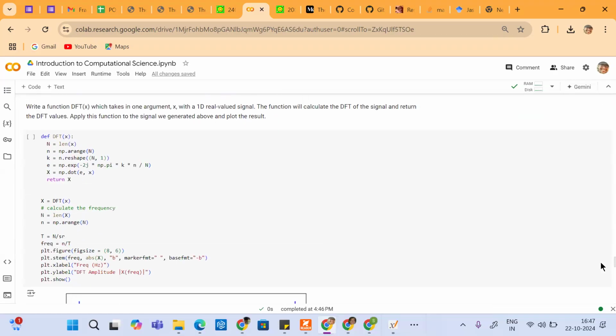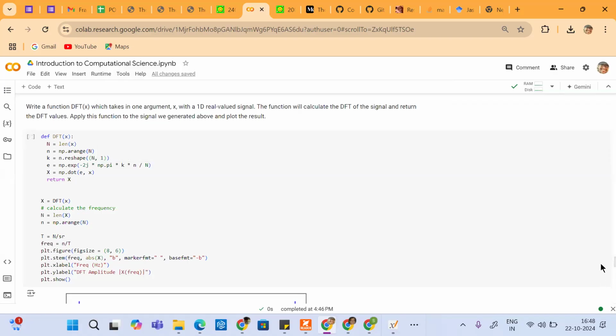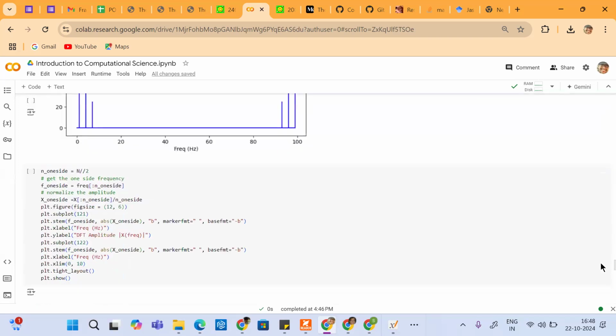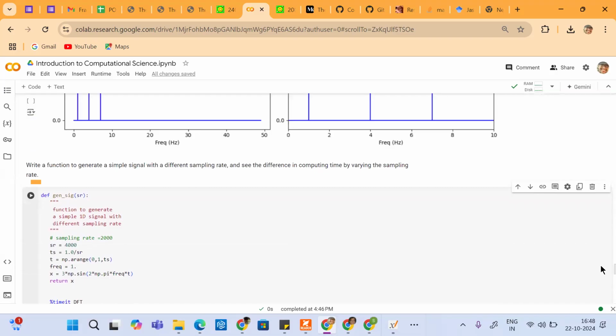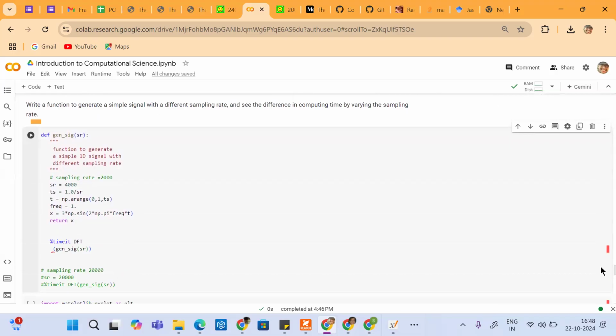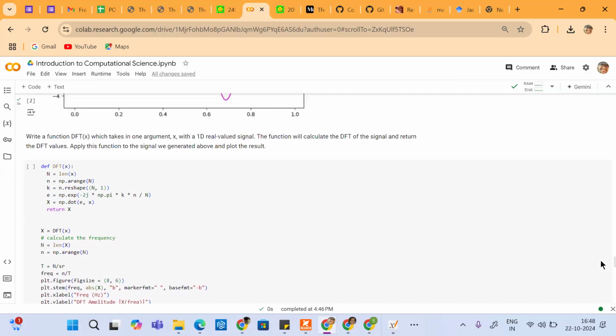No, DFT is defined here, right? But still it was not running, I think. Yeah, that's the issue actually, because it depends on the previous one.